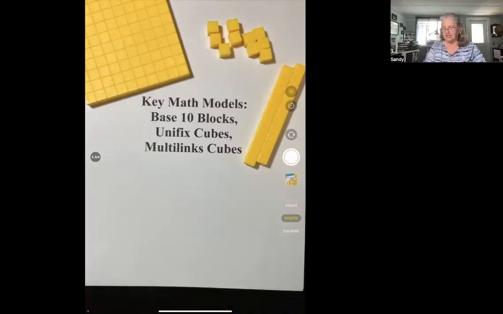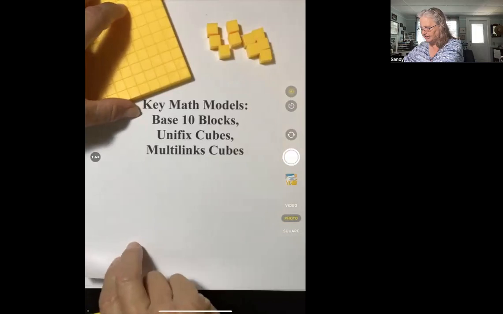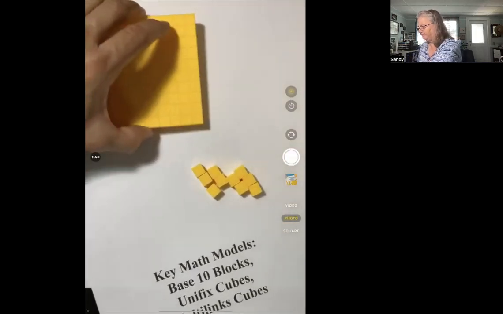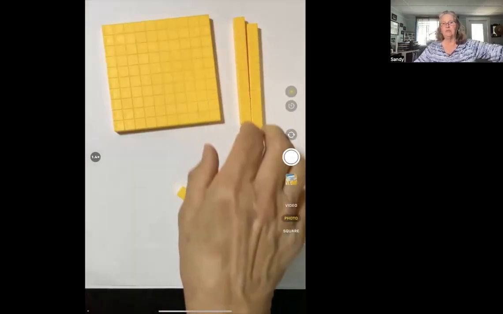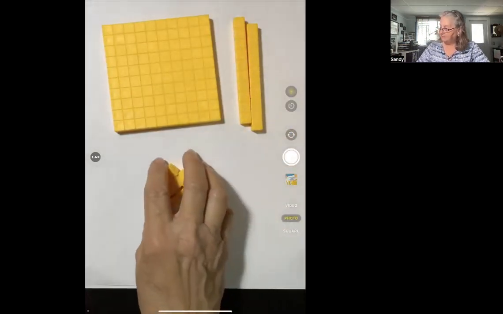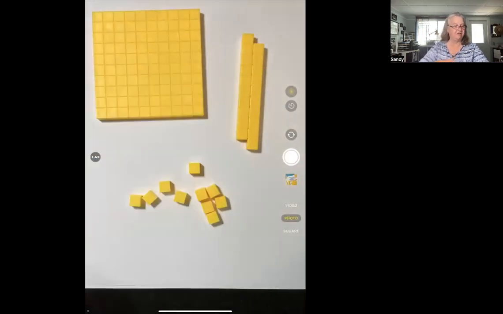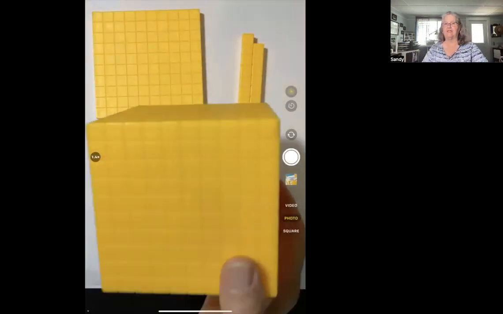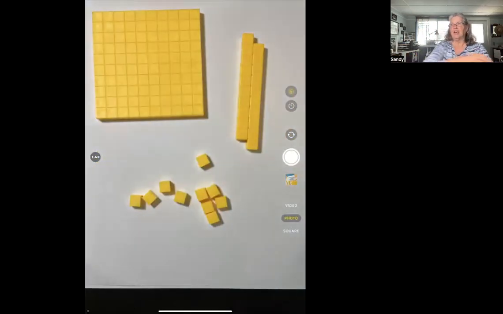Now, as we look at these base 10 materials, I think you'll see pretty quickly why they're called base 10, right? We've got ones, we've got tens, we've got hundreds, and there's also a thousands cube. Okay, now think about it's for place value.